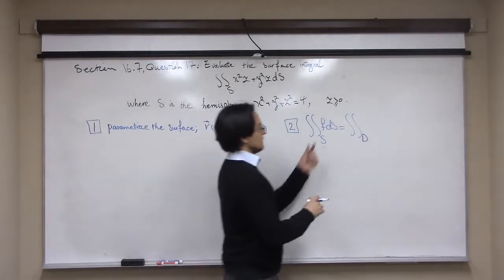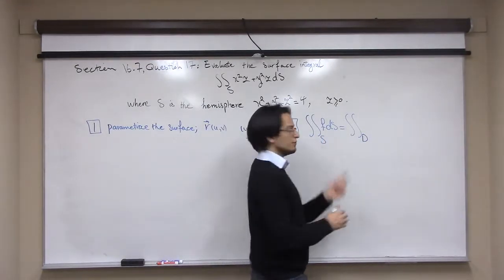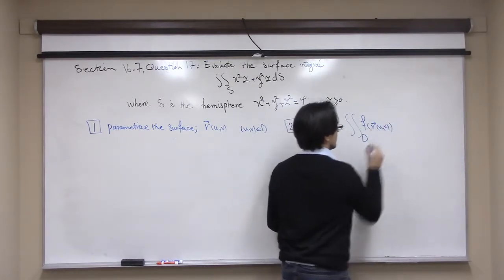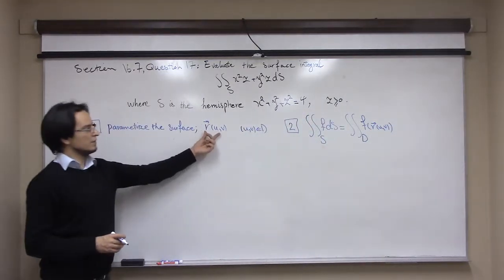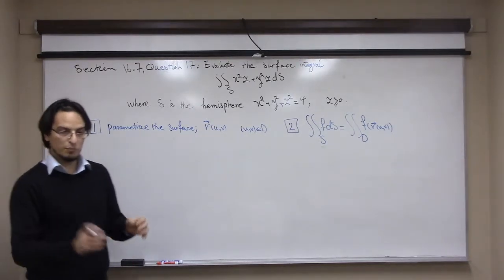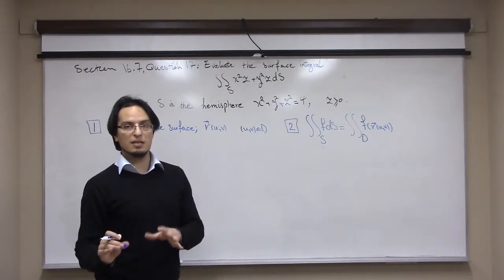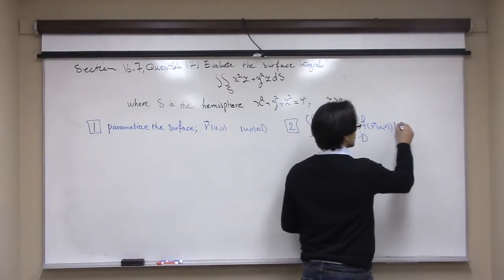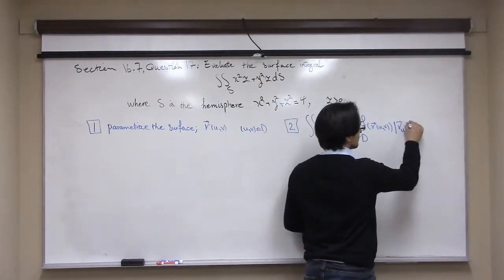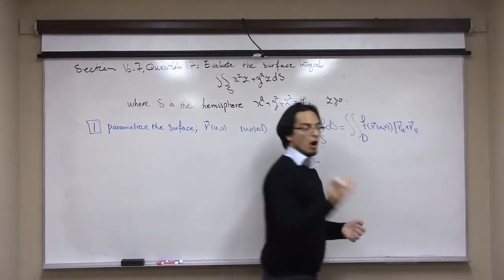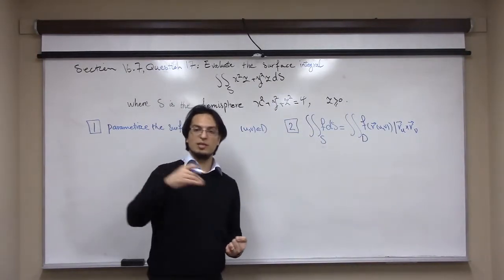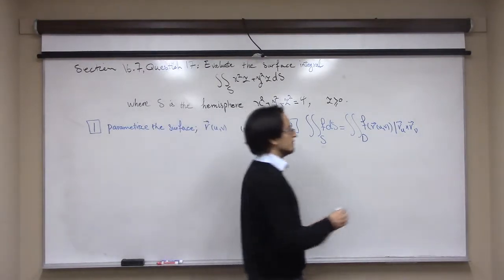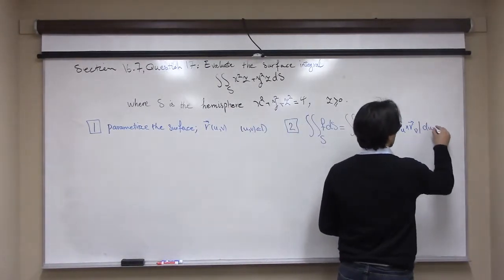Then the second step is plugging your parameters in your function, meaning that your vector function, which describes the surface, has 3 components. The first component you put for x, second component for y, third component for z. And then for dS, you form this thing: you find the partial derivative of r with respect to u, the partial derivative of r with respect to v, take the cross product, then find the length, and then find dudv.